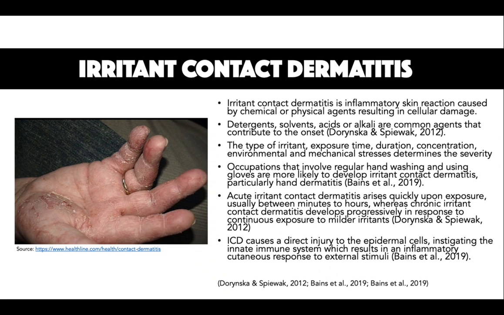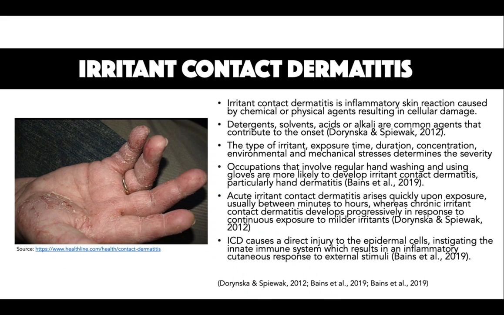Acute irritant contact dermatitis arises quickly upon exposure, usually between minutes to hours, whereas chronic irritant contact dermatitis develops progressively in response to continuous exposure to milder irritants. Irritant contact dermatitis is an injury, and overuse of physical or chemical agents can trigger the development in everyone.